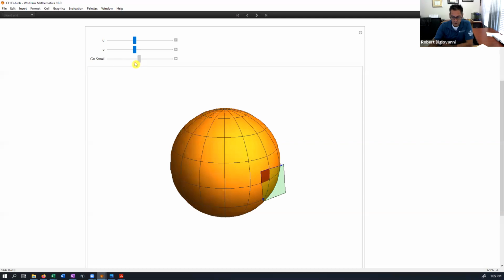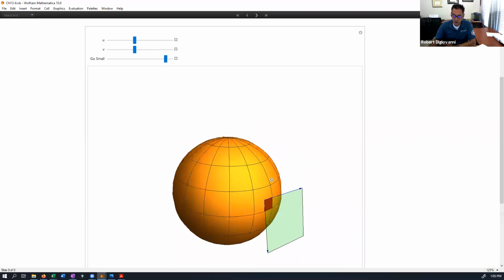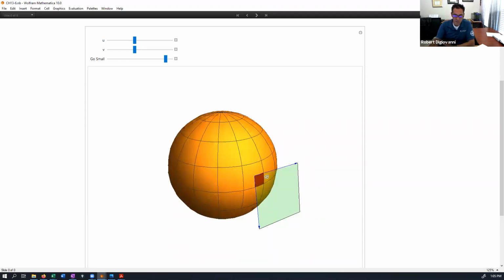Here are our two partial derivatives. There's two vectors that give us, these two are the partials with respect to u and v. And so that's how we created that tangent plane. But if we're trying to do surface area, what we need to do is imagine taking that and looking at a small infinitesimal patch down here. Now, we'll just use the red patch as an example.